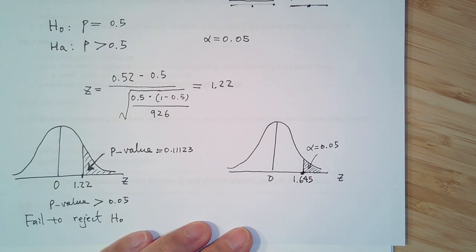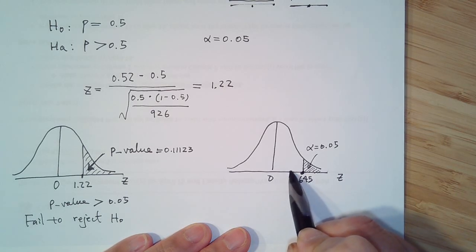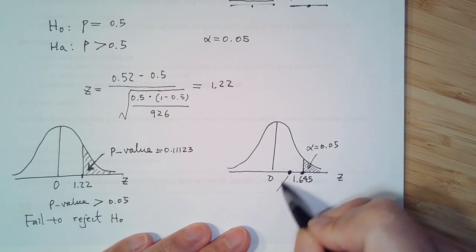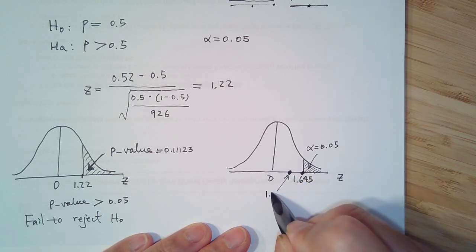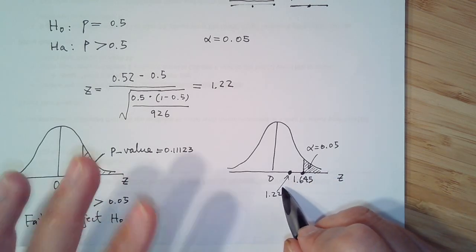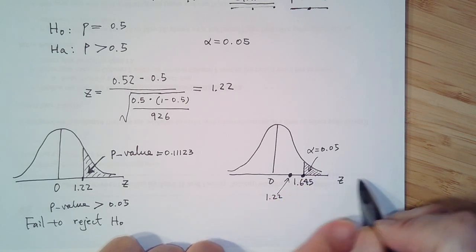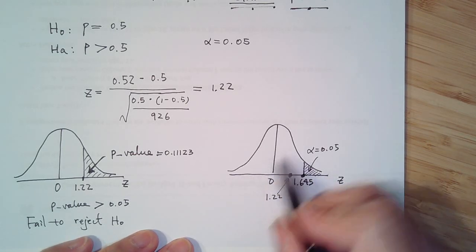Now, where is z equals 1.22? It is here, right? Because here's 1.6. So this point, that's my 1.22. It's not in the rejection region. A test statistic greater than 1.645 falls in the rejection region, but those are the white area, so it's not.